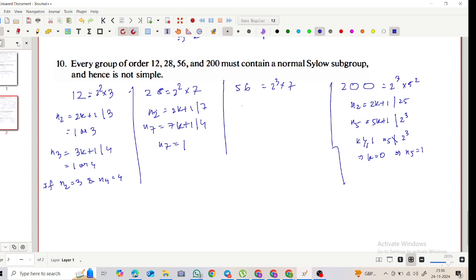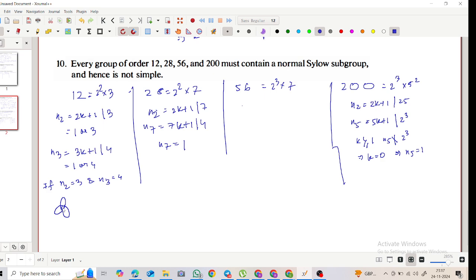So n2 is 3, right? So there are 3 subgroups of order 4, right?